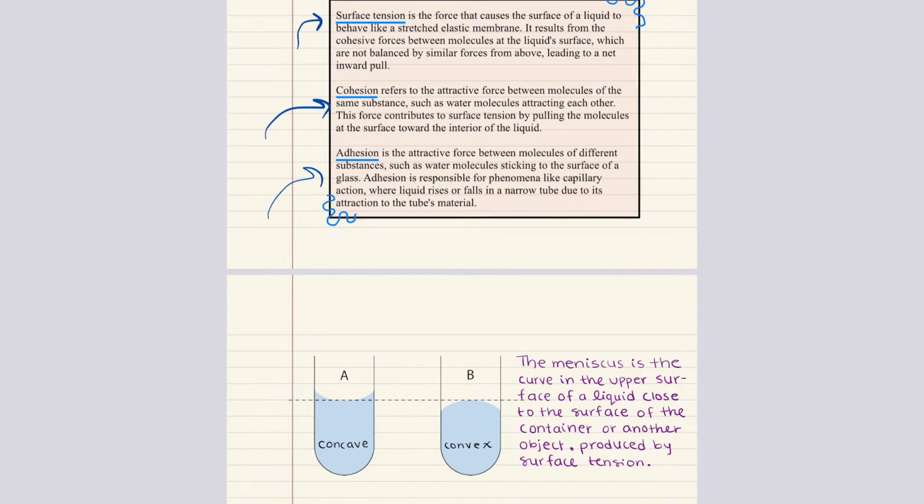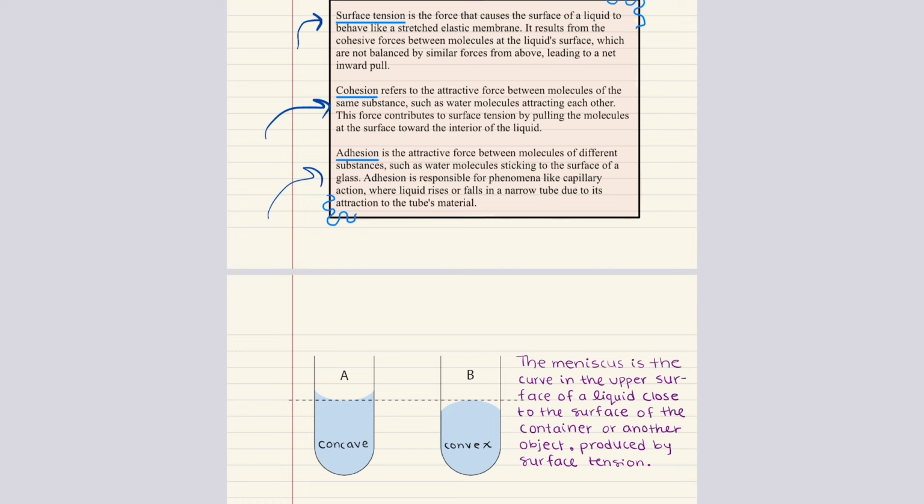Adhesion, on the other hand, is the attraction between molecules of different substances. So, for example, water molecules are attracted to the glass surface of a tube due to adhesion. When adhesion is stronger than cohesion, the liquid is drawn up the tube, leading to capillary action.